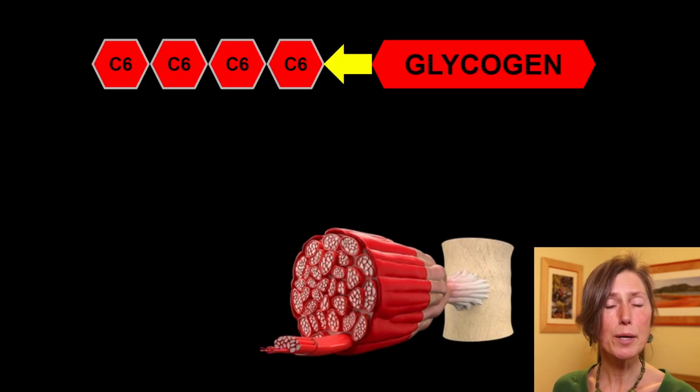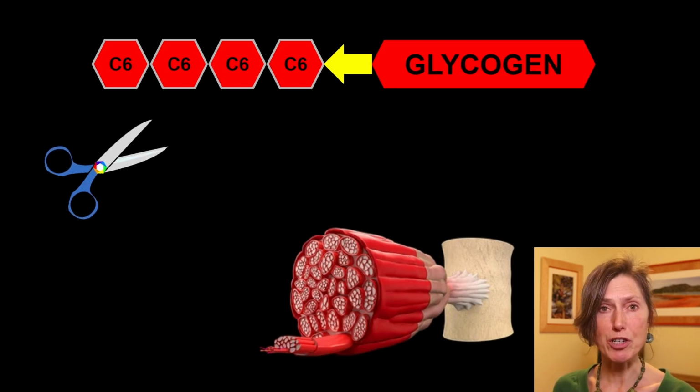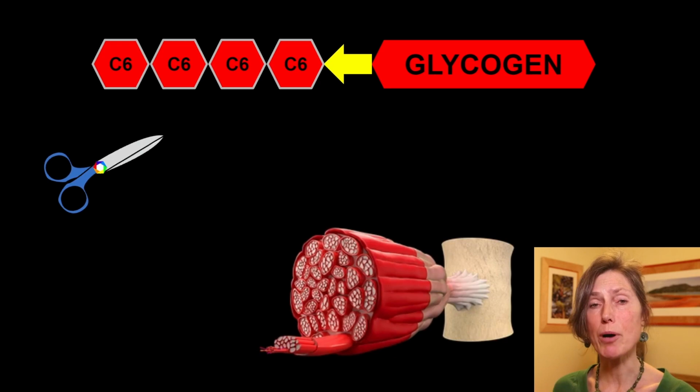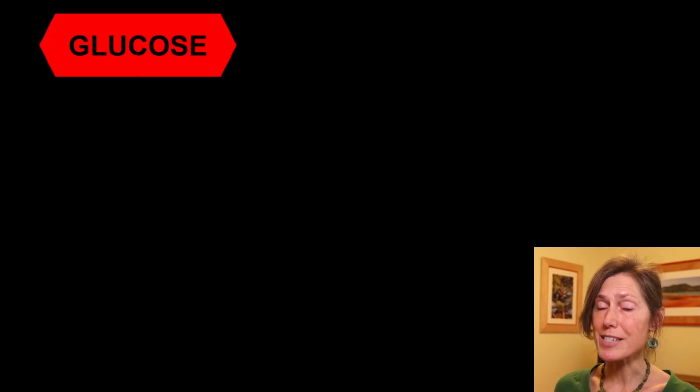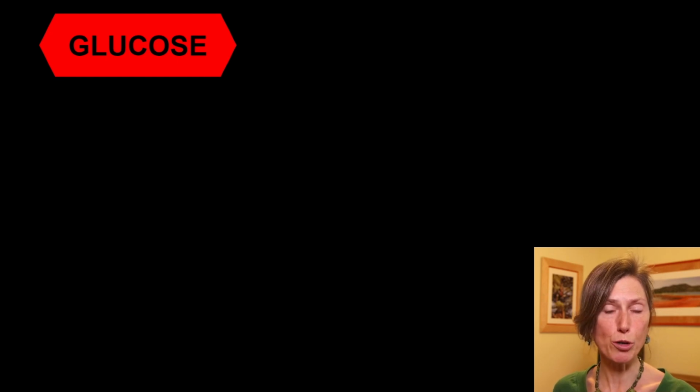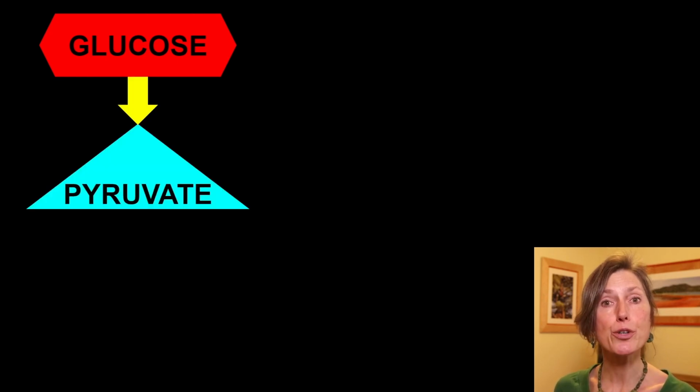Let's figure out why by starting back again with glycogen. Glycogen requires special enzymes to turn the polymer into glucose monomers. Glucose, a 6-carbon sugar, can then be absorbed by the cell and through the pathway of glycolysis turned into 2 molecules of pyruvate, a 3-carbon sugar.